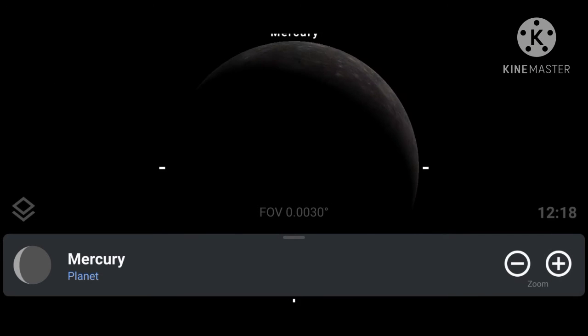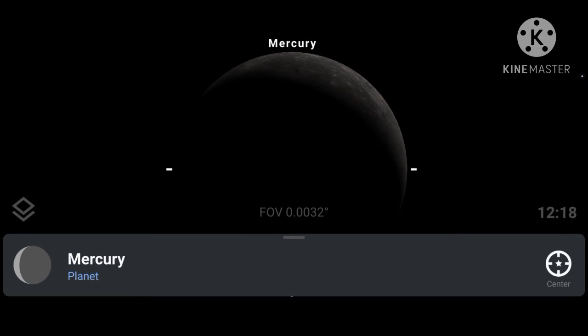So as of now, as you can see from the surface features of Mercury, it seems that it is in the new moon or full moon phase. And remember that as we are using this Stellarium software, we are realistically viewing the current cosmic conditions of space, such as this current date and current time.